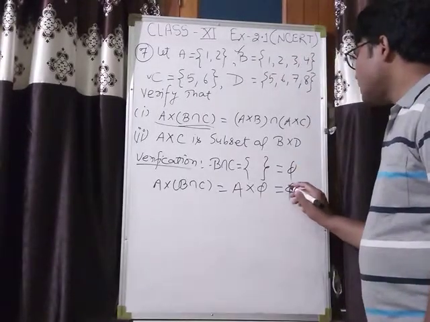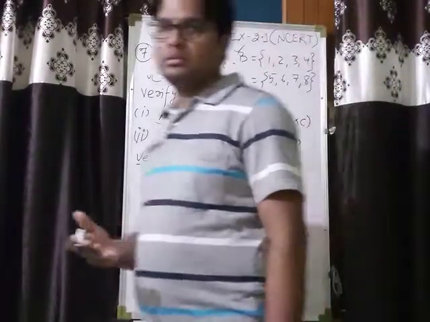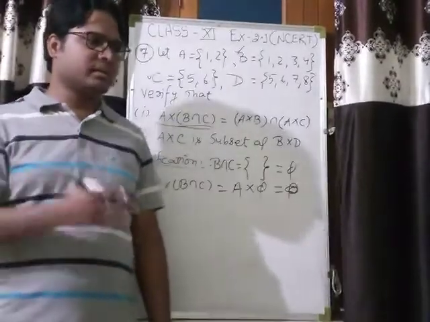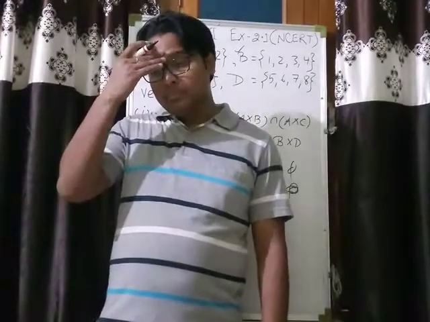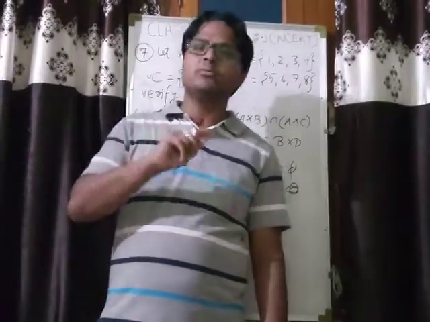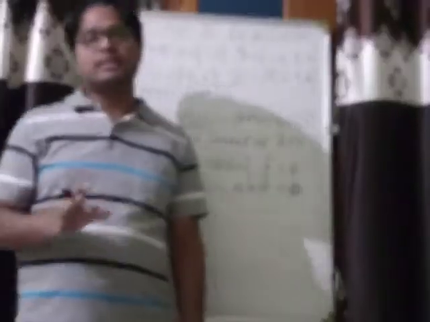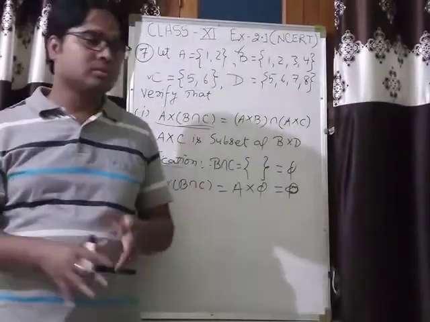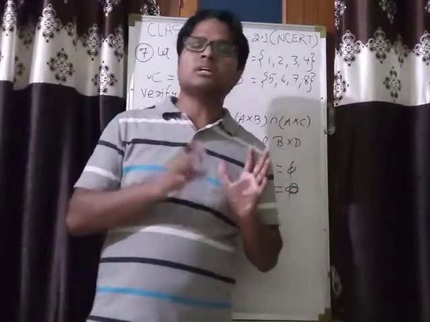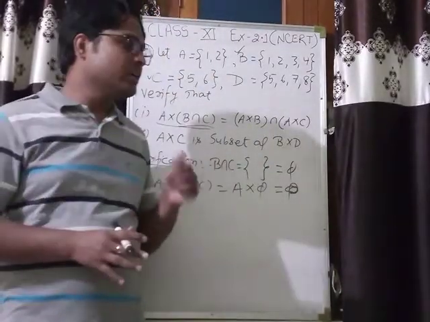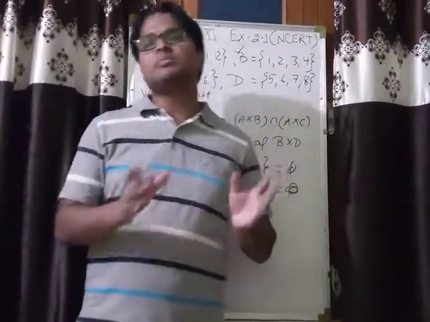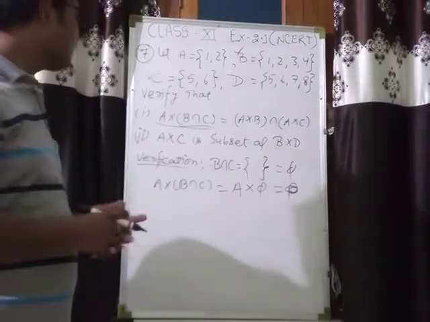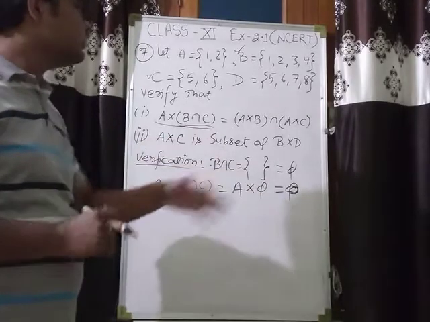When I defined A Cartesian product B, we read that when either of the two sets is a null set, their Cartesian product is also a null set. So by using this we can say that the left hand side will be a null set.